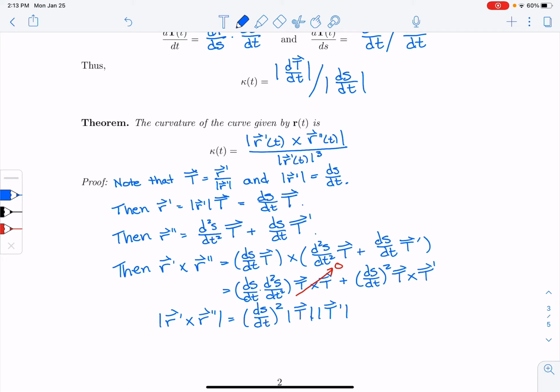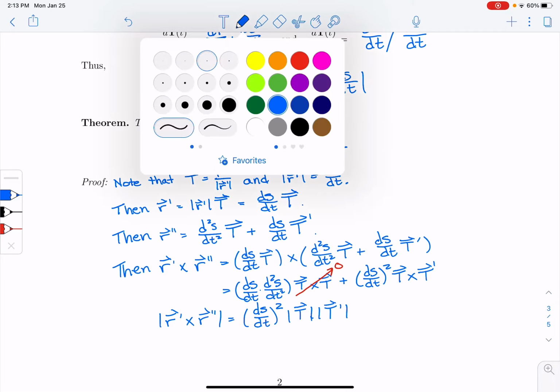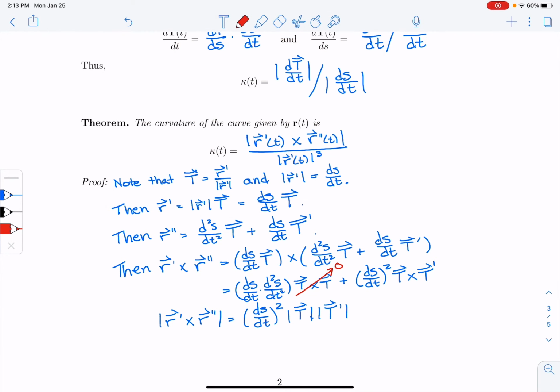And in fact, we also know that the magnitude of T is 1, because that's a unit tangent vector. So this is just going to be ds/dt squared times the magnitude of T prime.